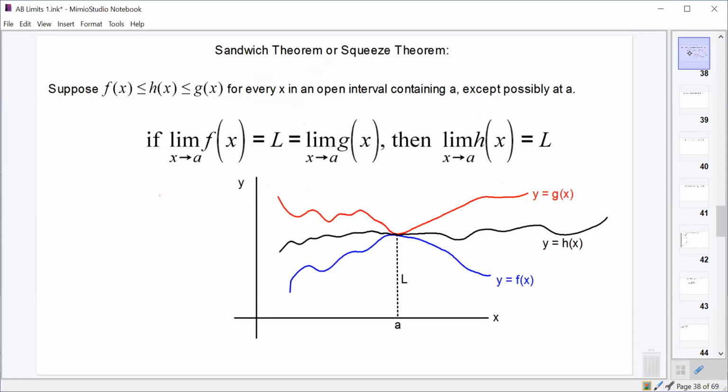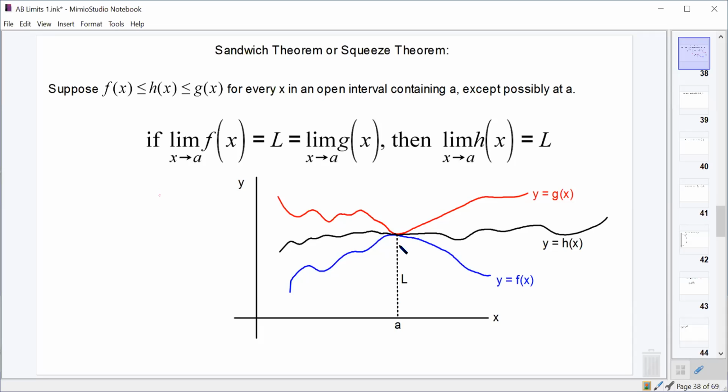So this theorem is called the sandwich theorem, or the squeeze theorem. It kind of has two names. This theorem only applies if we have three different functions, of which one of those functions, in this case, the way I've written it, h of x, is sandwiched between the other two, f and g, so that on some open interval containing an a value, f of x is less than or equal to h of x, which is less than or equal to g of x for all the x's in that open interval with a, except maybe at a.